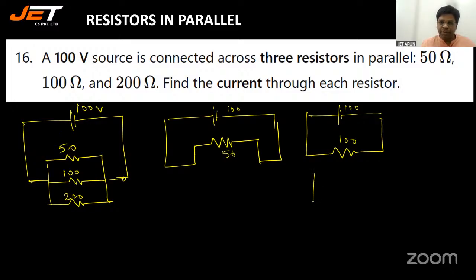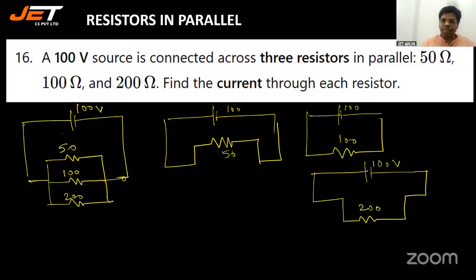And 200, as if only 200 is present. Why so? Because they are connected in parallel. What is the beauty of parallel? Parallel connections have this advantage: the potential difference across each resistor will be the same. So across 50 it is 100.